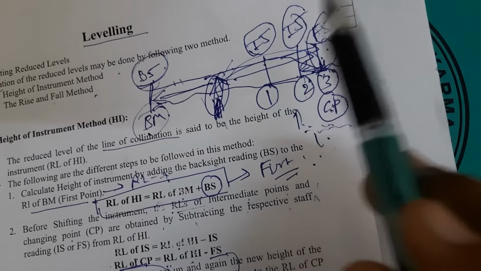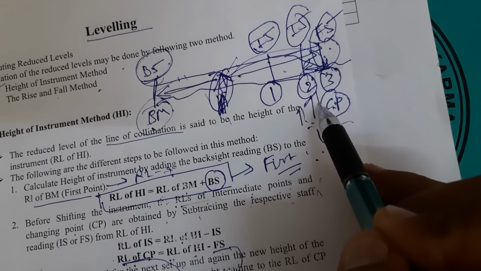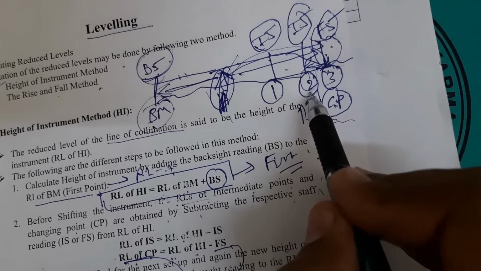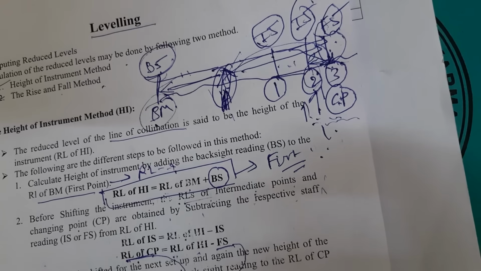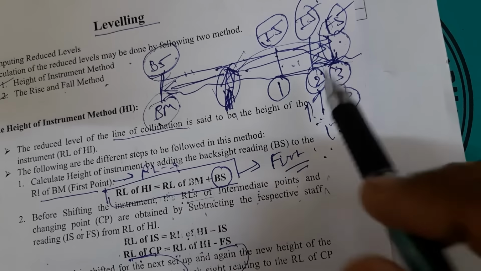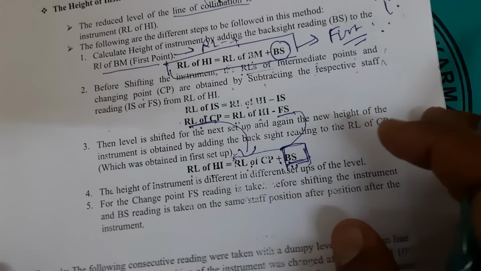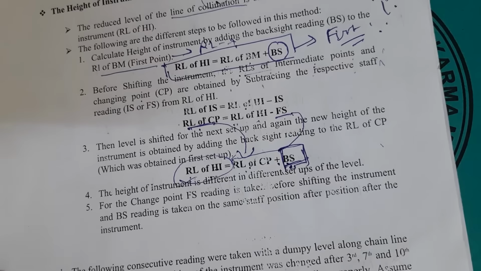Same here. This point is known to us because we calculated it, so this point is used for BS, this point is also for BS, and this point is also for BS. Understood? So any known point or known reading is used to calculate RL of HI as a backside point.